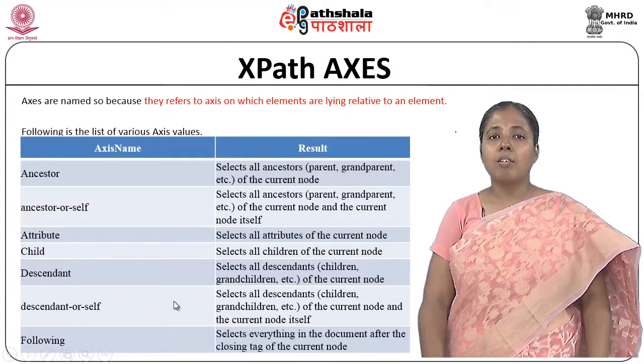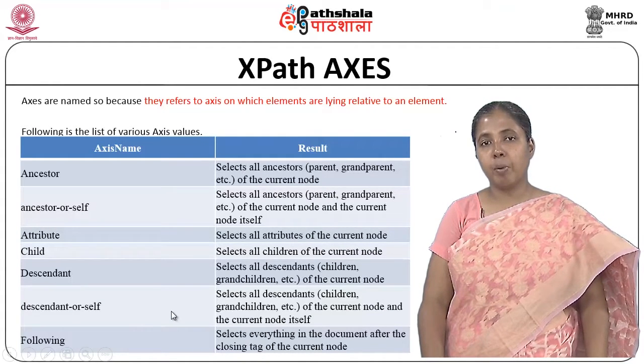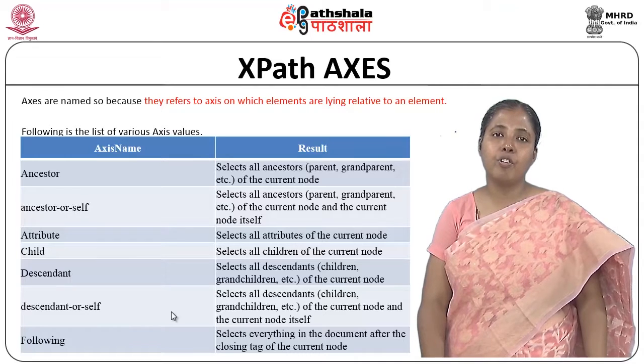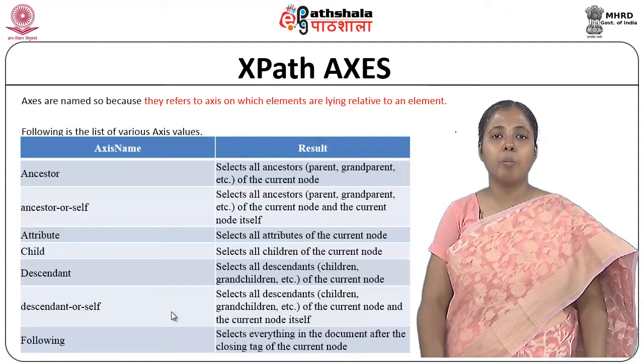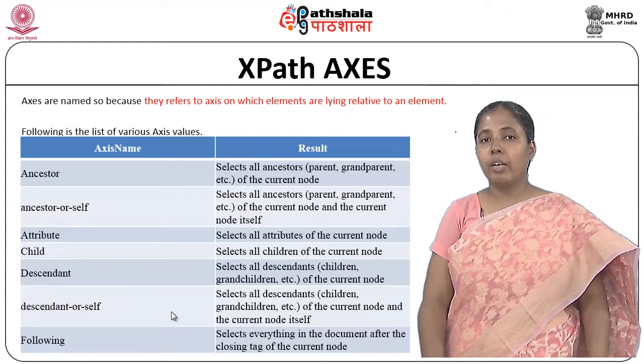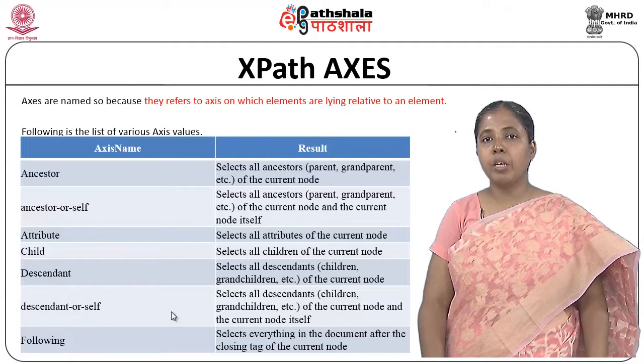Now axes are also supported in XPath expressions. Axes are named after the axis on which elements lie relative to an element, so relative path expressions can be given using an XPath axis.